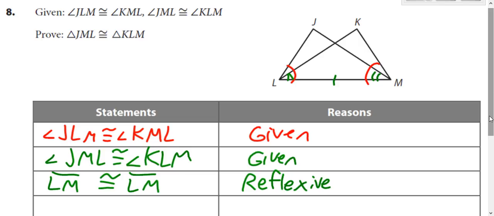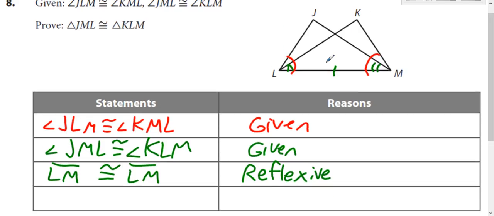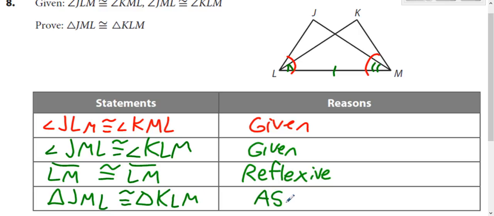A little difficult to see because of the overlap going on here, but we do have two triangles. They have the green and the red angle with the side in between. So that is enough for triangle JML to be congruent to triangle KLM. And again, that was angle, side, angle. Two angles and the side in between.